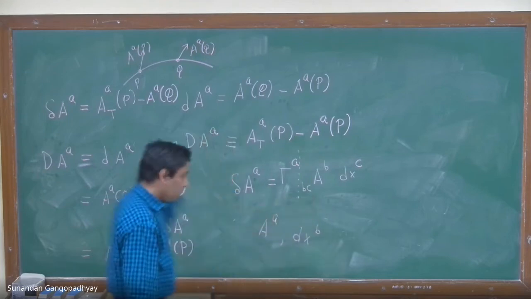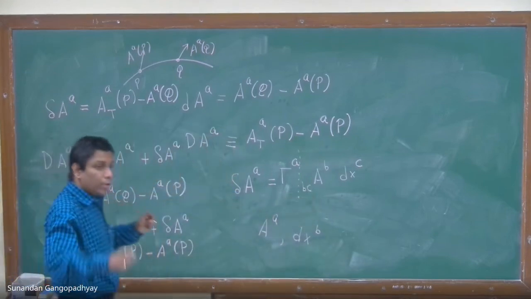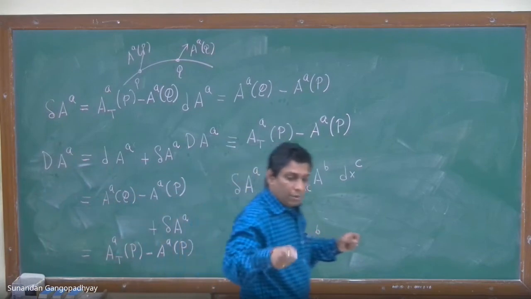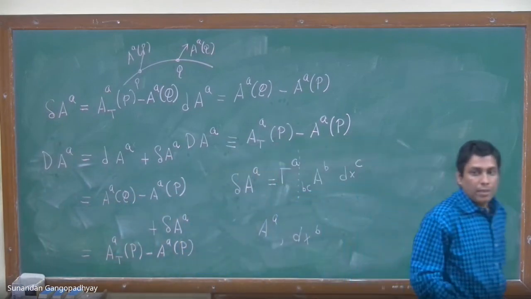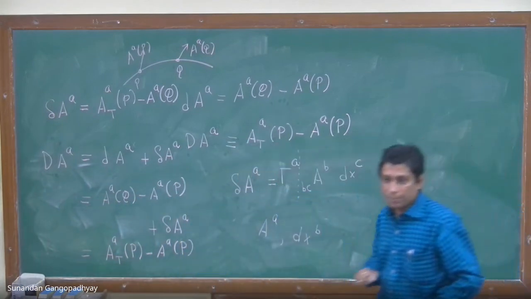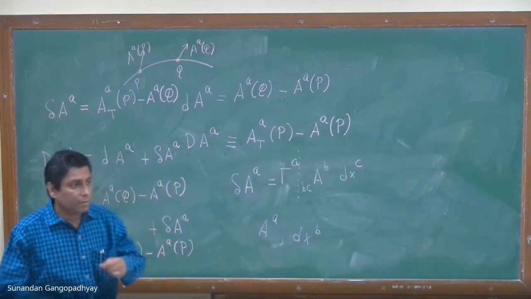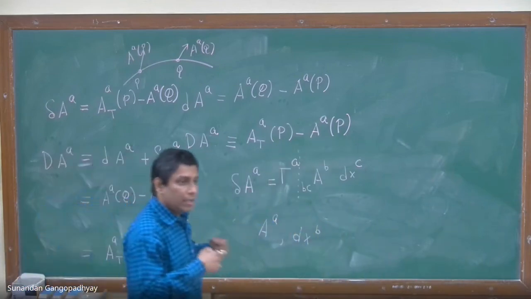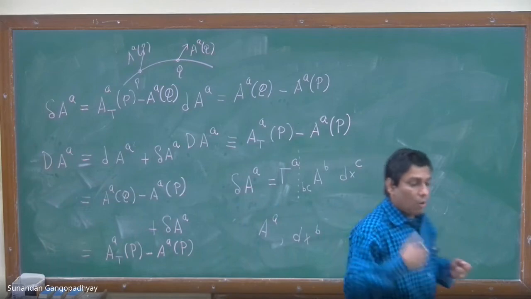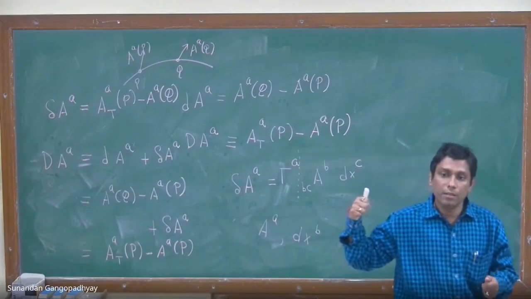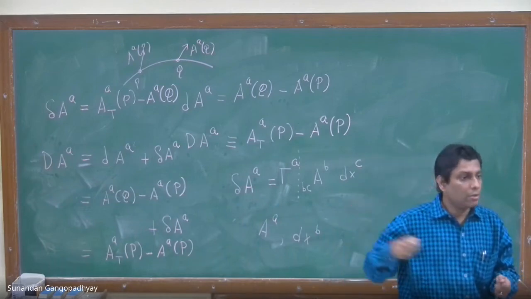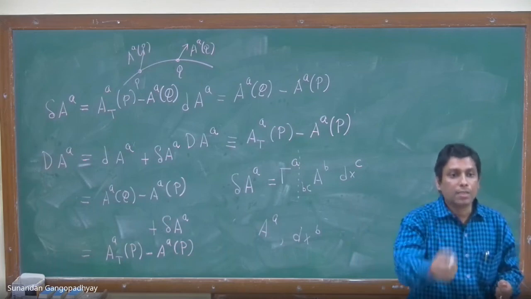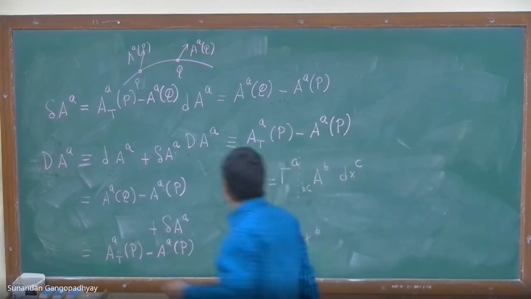So now, when I am saying that I am transporting the vector from this point to this point, there are many ways to do that transport and to define this differentiation in a tensorial way. One such way is this kind of a transport, where you are putting in an extra structure on a manifold. And what is that extra structure?